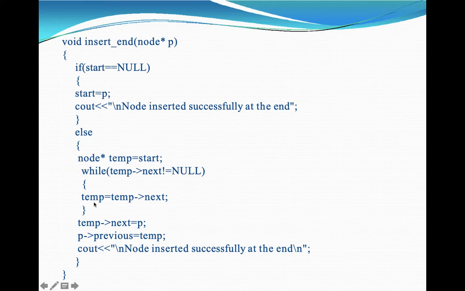Then what we are doing is storing the current node's next pointer in another variable. And the next of the current node is pointing to the new node. The previous of the new node is pointing to the previous node. That's why it is storing here. Right.